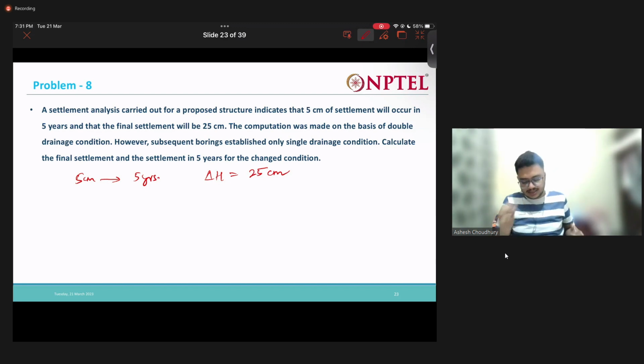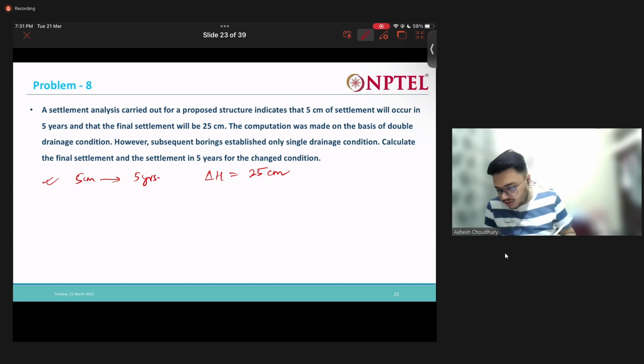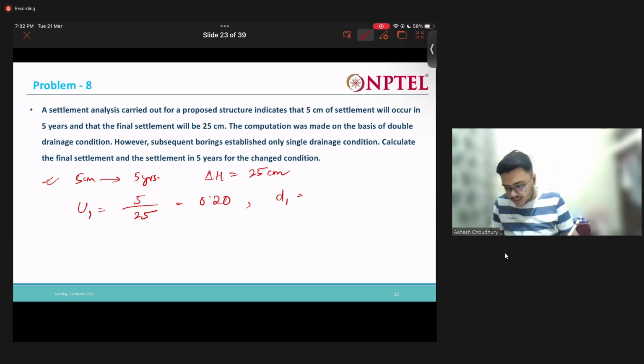Initially, what is my degree of consolidation? 5 by 25 is 0.20, which means 20%. In this case my length of drainage path is d1 equal to H by 2.